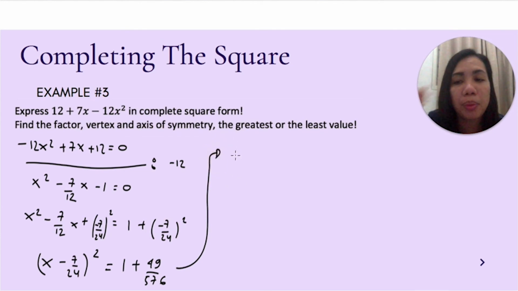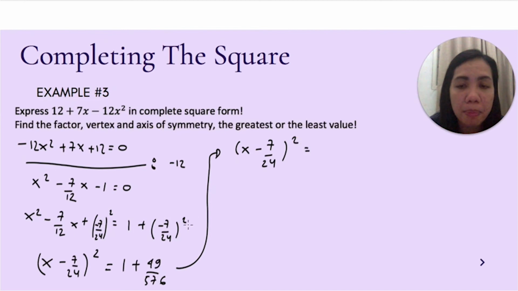Now in here we have (x - 7/24) squared. Then we simplify this to 625 over 576. Okay, now the next thing, we want to find the factors. For the factors, we just want to take x here: x equals what? Okay, then we make this square disappear first by taking the square root of both sides.